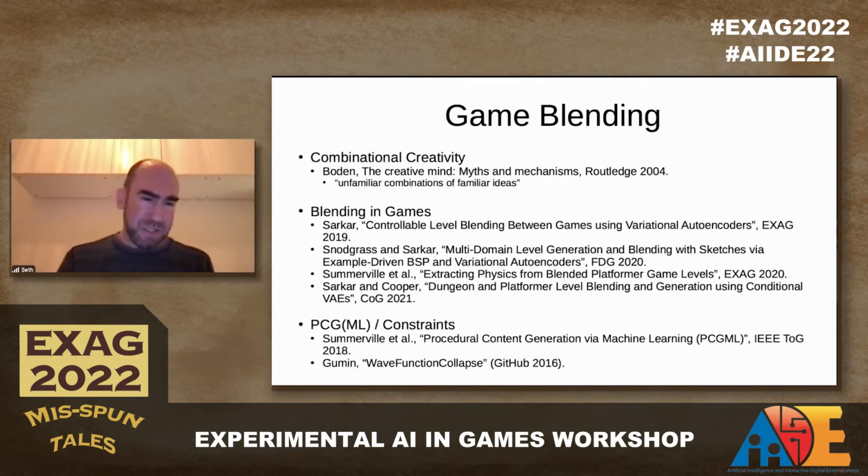And this is also building on top of a lot of work that's been done in procedural content generation via machine learning, because some of the constraints are learned from example levels of existing games and then applied to generate new games. For example, the increasing popularity of things like wave function collapse, which are constraint-based level generation systems that learn from examples.